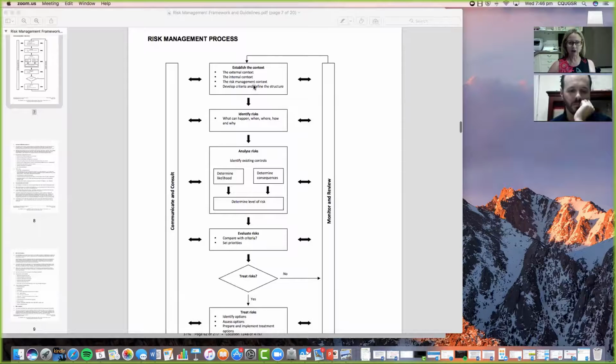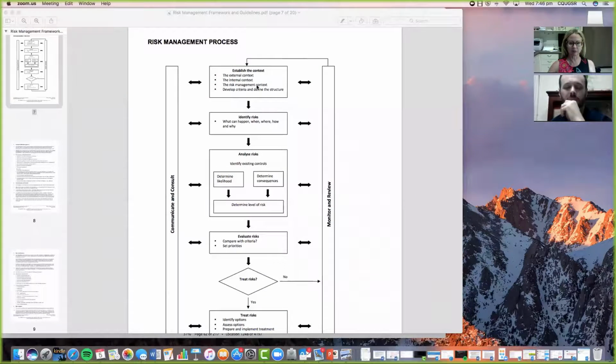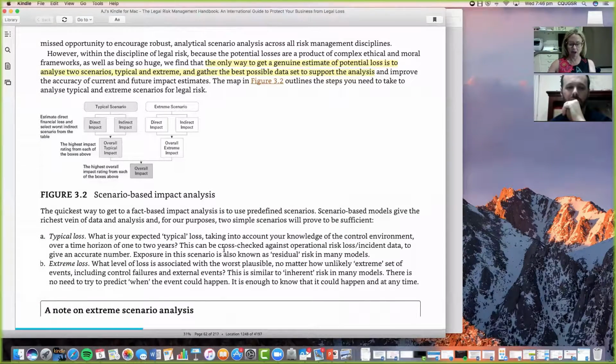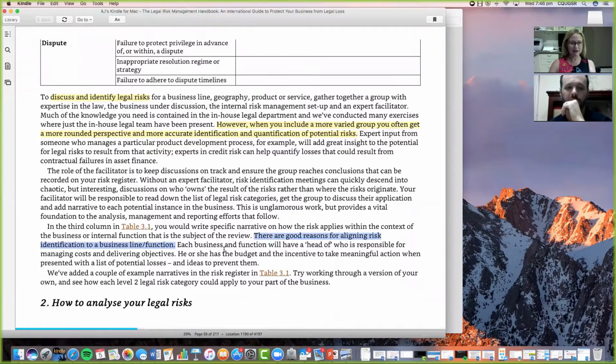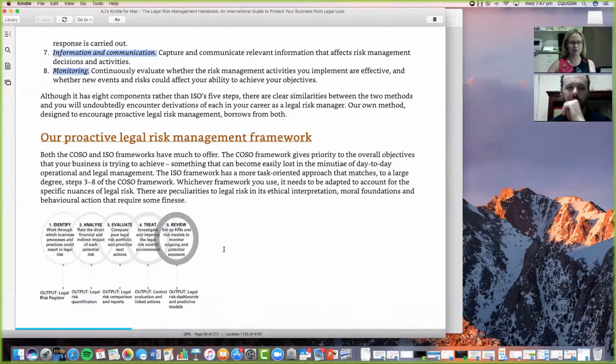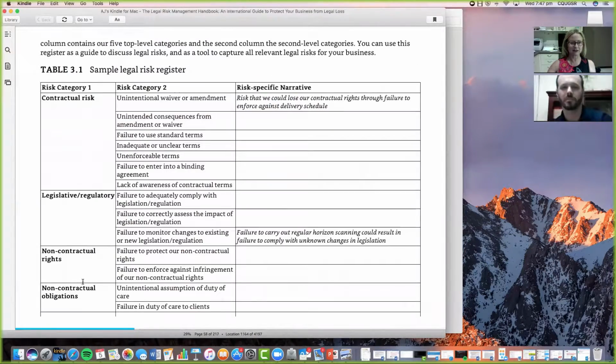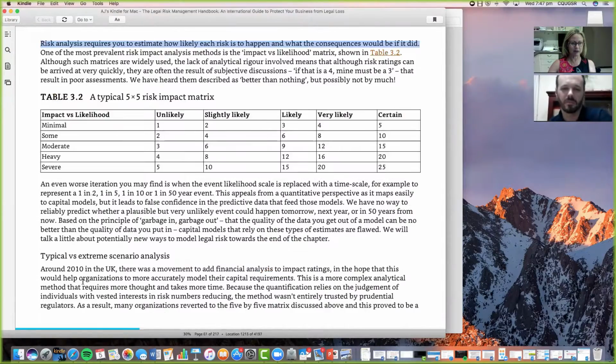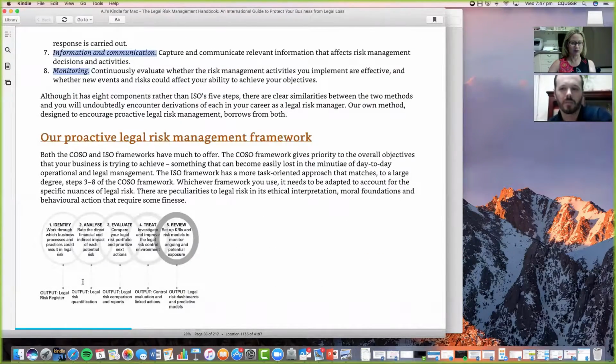But when you have a look at the text, and I'll zip over to the text now, the way that they go about analysing legal risk, where is it? How to analyse. There it is.